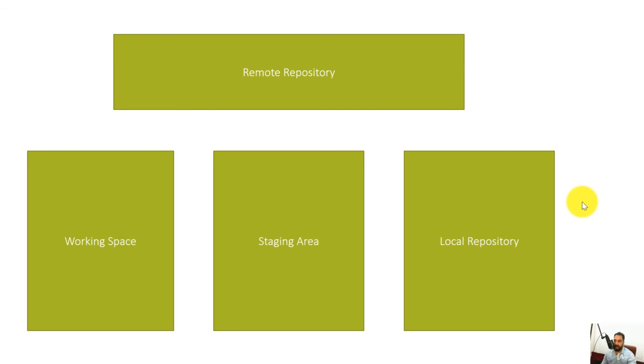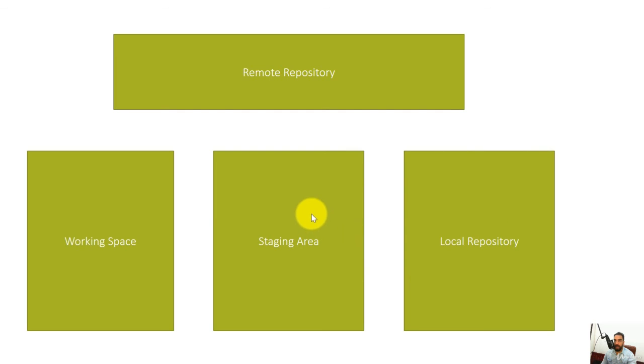So let's see what we have learned so far. In this tutorial, we have learned about parallel development, but overall, we have learned about the working space, the project that you're working on, and then we add our changes to the staging area, the git index, and then we have the local repository.